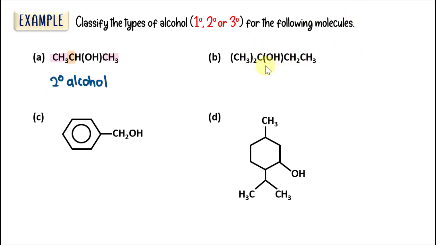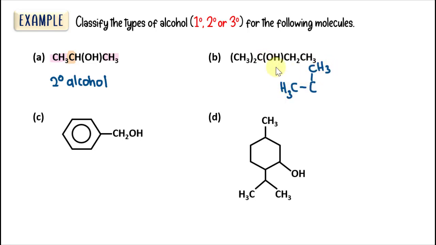And for the next structure, if you look here, it is drawn in condensed form. Since here we have two alkyl groups, if you can't see, you can open the structure. So let's try to open the structure. On this carbon, we have two CH3 groups attached to it.